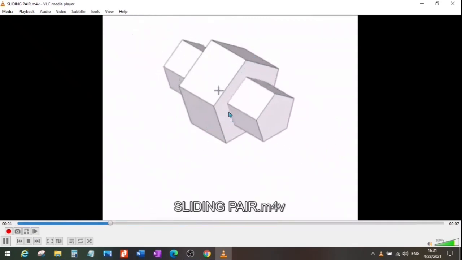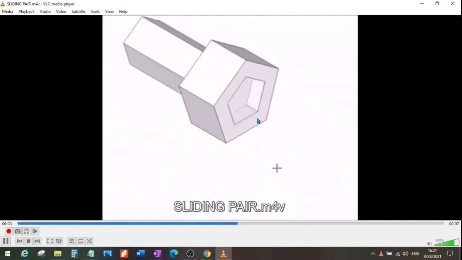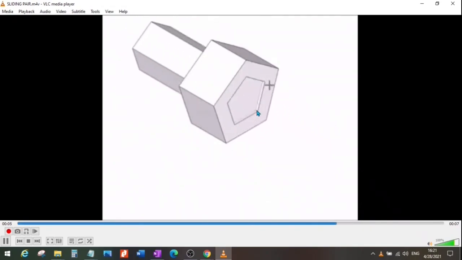So there is a pentagonal prism with a pentagonal hole, and you can see there is a sliding motion between the two links. So there can only be a sliding motion between the two links. So this is a type of sliding pair, right?